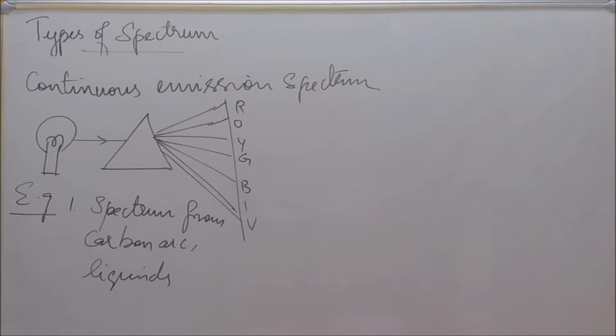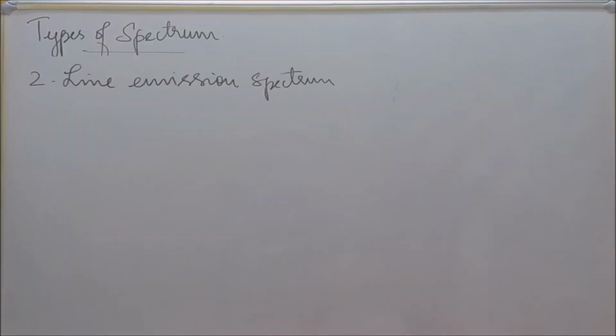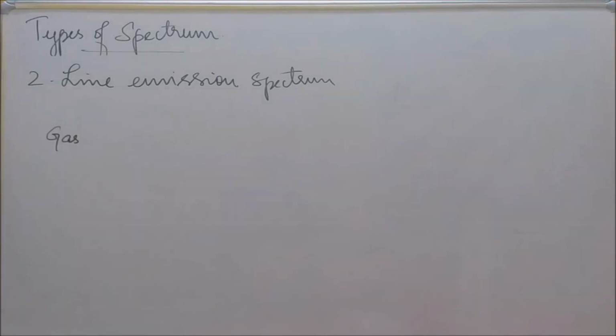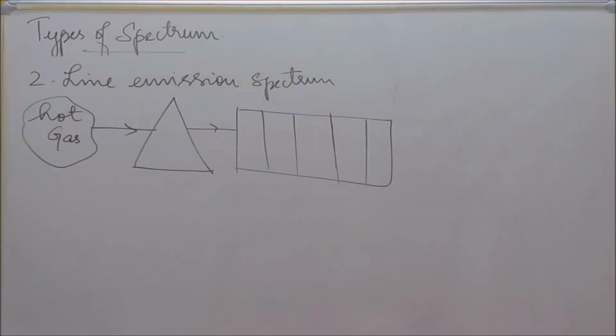Okay. And the second one is line emission spectrum. So line emission spectrum means what? Here for continuous emission spectrum, we took a light, right? So instead of light, here I am going to consider a gas. Okay. So this gas is either helium gas or hydrogen gas. Now what I am going to do, I am going to heat this gas. So that is a hot gas. While heating this gas, the atoms and molecules are getting excited so that it creates a light source.